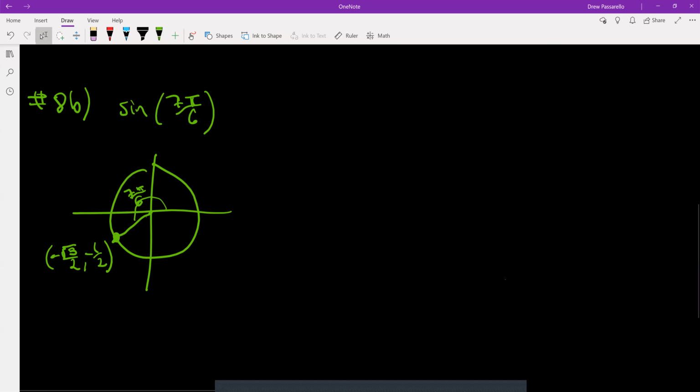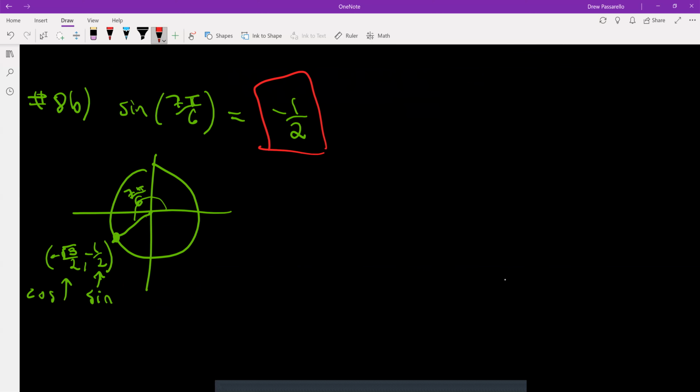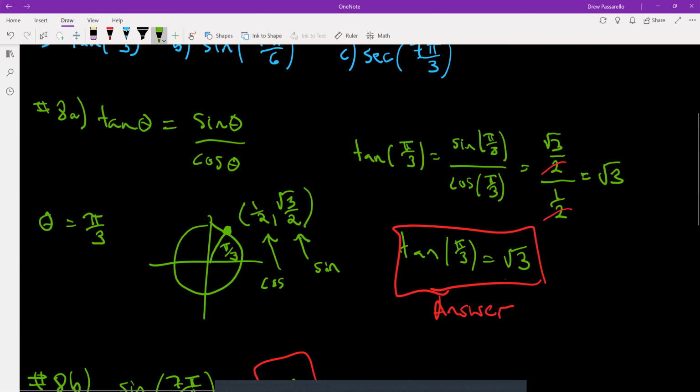Cosine is the x coordinate, sine is the y coordinate. The y coordinate is negative 1/2, so sine of 7 pi over 6 is negative 1/2. That's how I do that one.